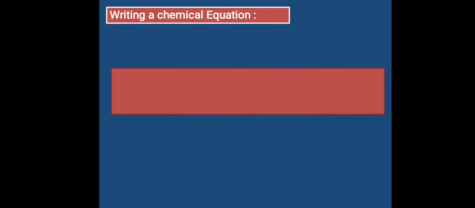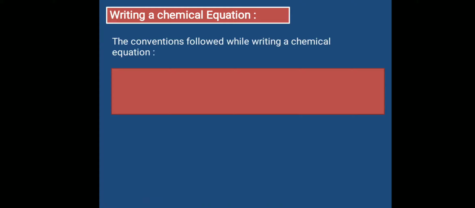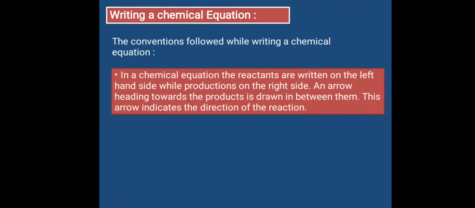Now let's see how to write down a chemical equation. The conventions followed while writing a chemical equation. The first one: in a chemical equation, the reactants are written on the left hand side while products are on the right hand side. An arrow heading towards the product is drawn in between them, and this arrow indicates the direction of the reaction.